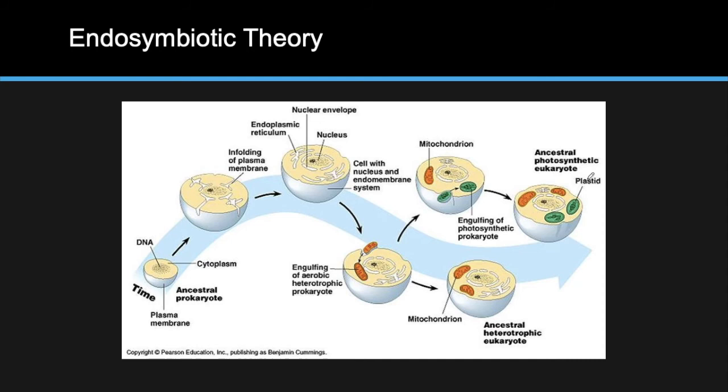So what this means is that those smaller prokaryotic cells, which are in the same area as the development of the mitochondria, those cells photosynthesized, and were able to be integrated into the larger cell the same way that the mitochondria was, which ultimately resulted in the development of the chloroplast within photosynthetic eukaryotic cells.